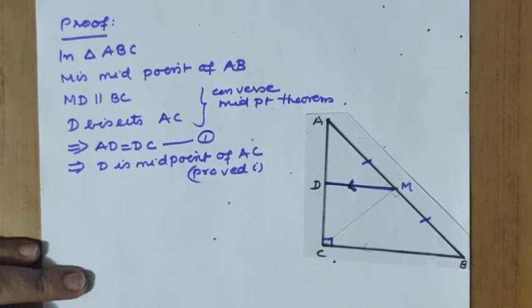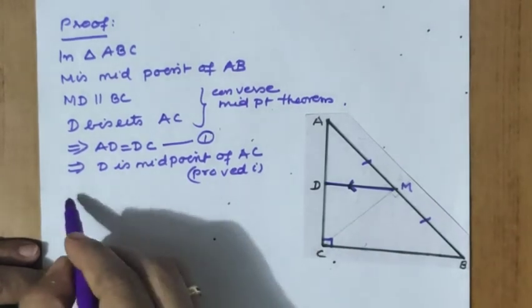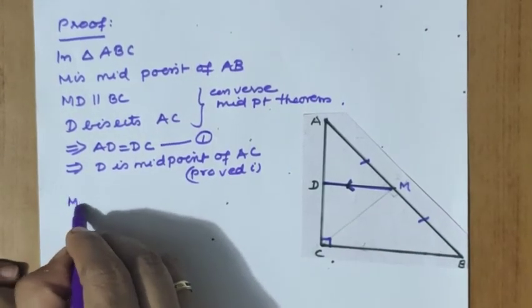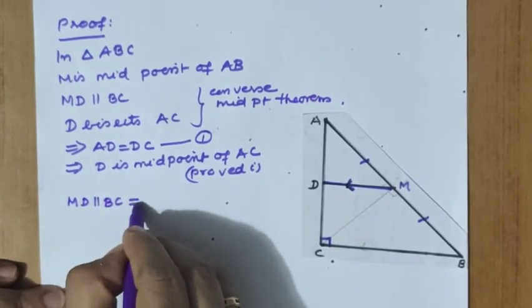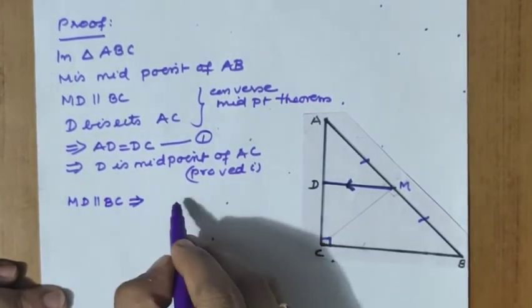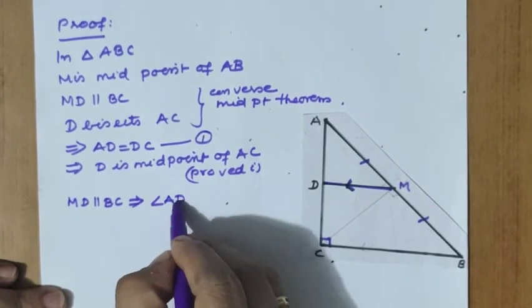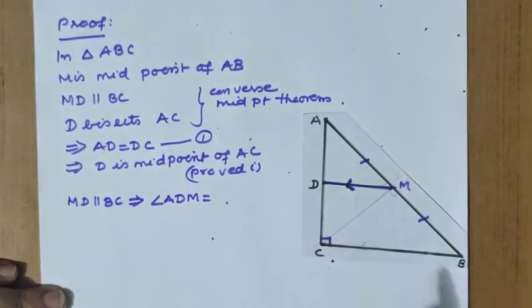Now the second part, we have to prove that AD perpendicular to AC. If MD parallel to BC is given, that is the proof part, then angle ADM equal to angle ACB.